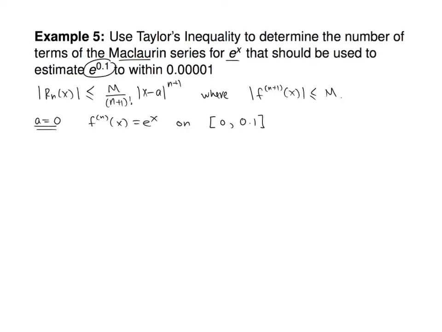And e to the x looks like that as a picture, right? So what's one number that you could use for a bound there? f to the n of x is less than or equal to about e to the first, right? Which is approximately 2.71, so let's use that.